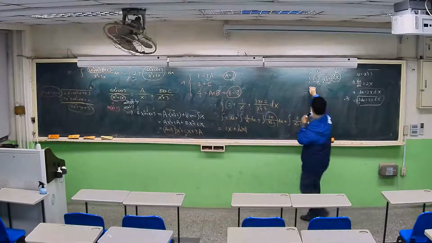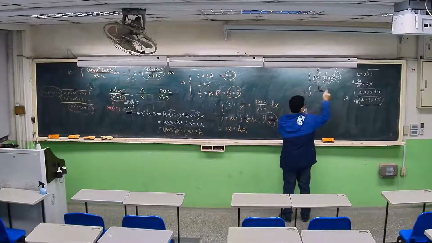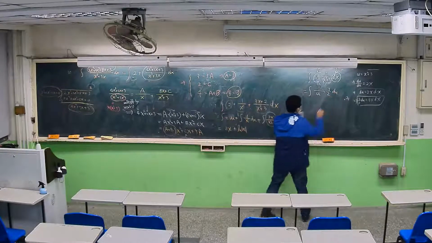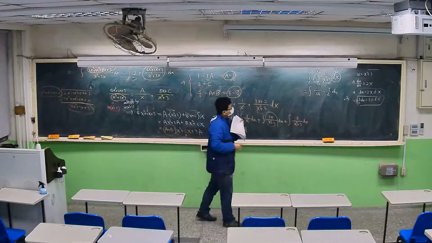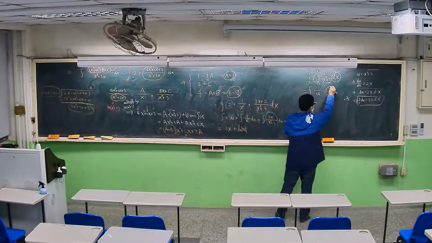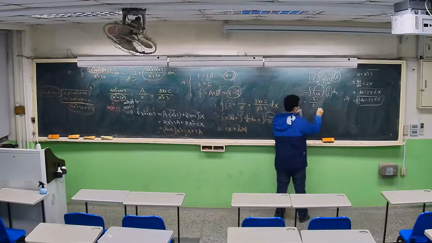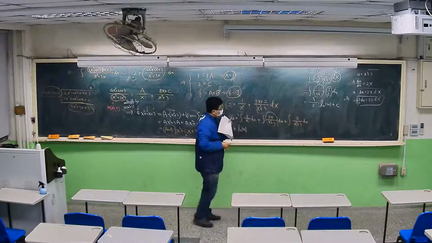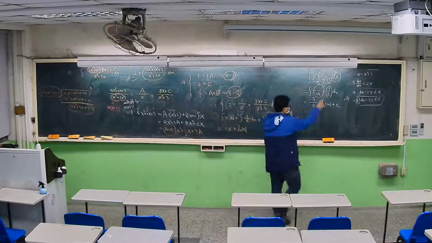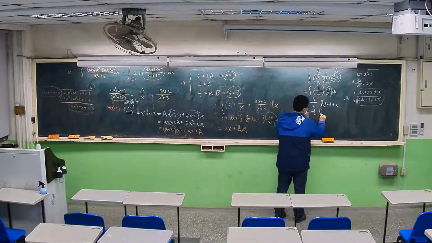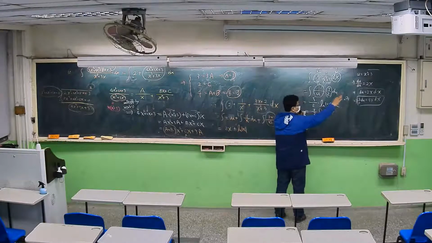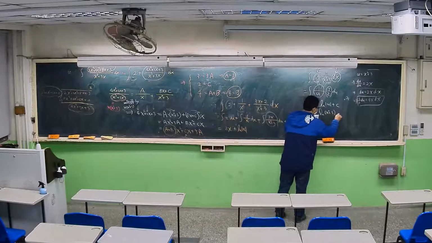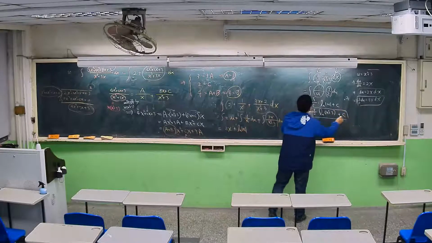So it's equal to 1 over u times 3 halves du. The constant we could take out, times the integral of 1 over u, which is natural log of absolute value of u, plus a constant C. Putting it back, u is x squared plus 3, which is always positive, so we could skip the absolute value. So it's natural log of x squared plus 3, plus a constant C.